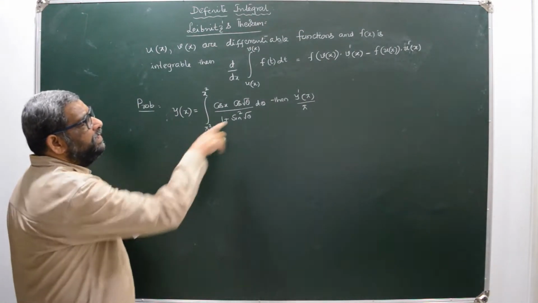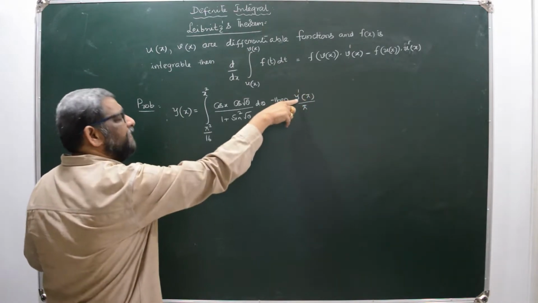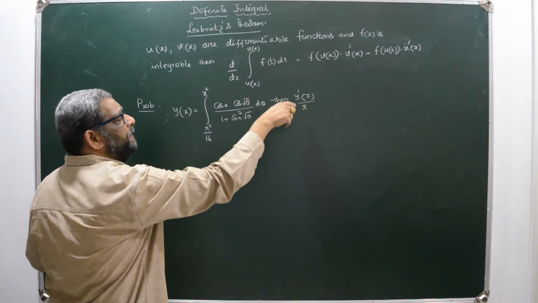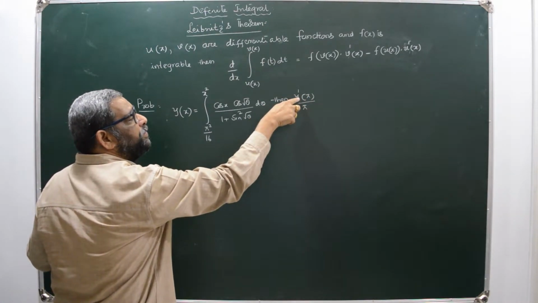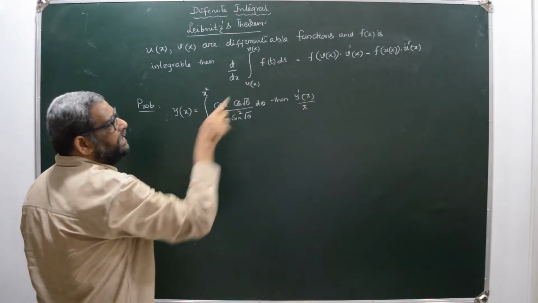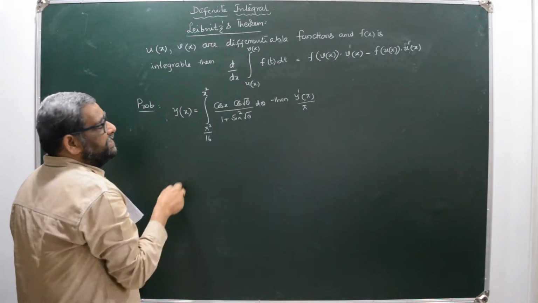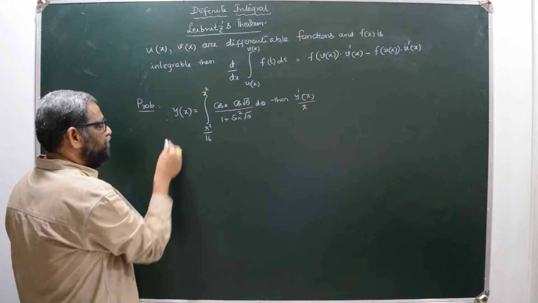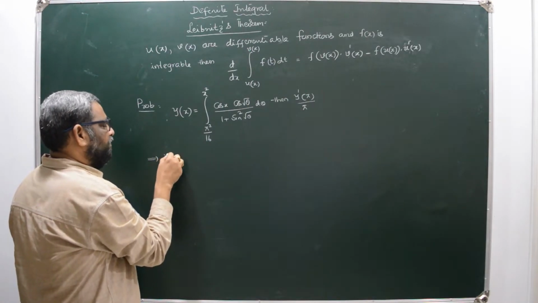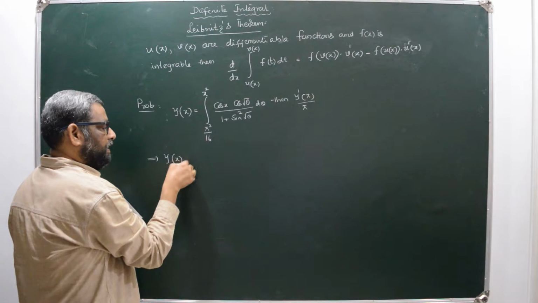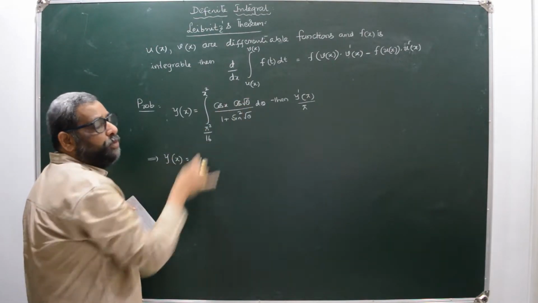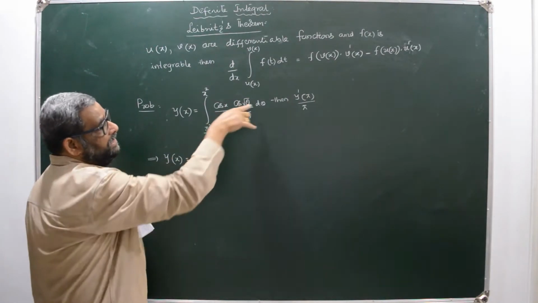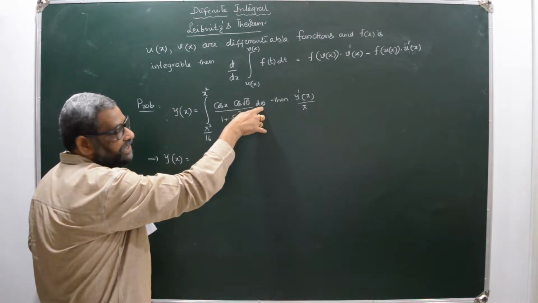Now here y'(pi) is required. That means y'(x) at x equal to pi. First of all we have to get the value of y'(x), later we will substitute pi in place of x. So you have to differentiate it. Here x and theta both are variables, but you are integrating with respect to theta.